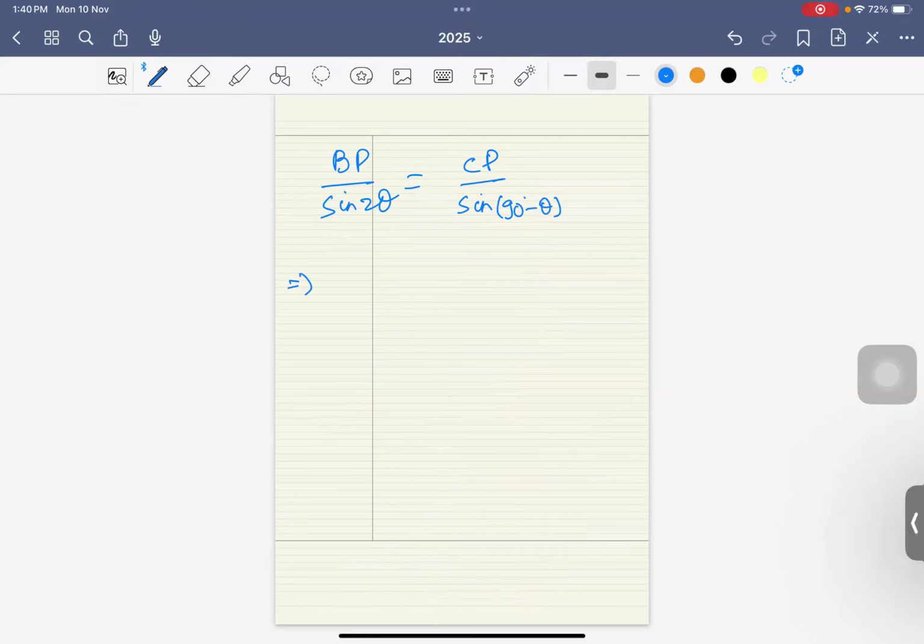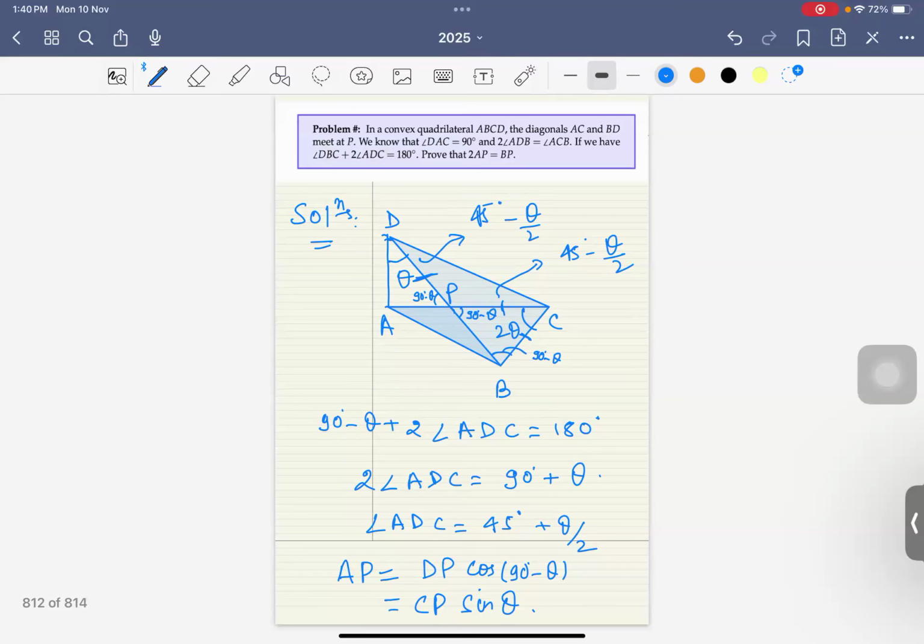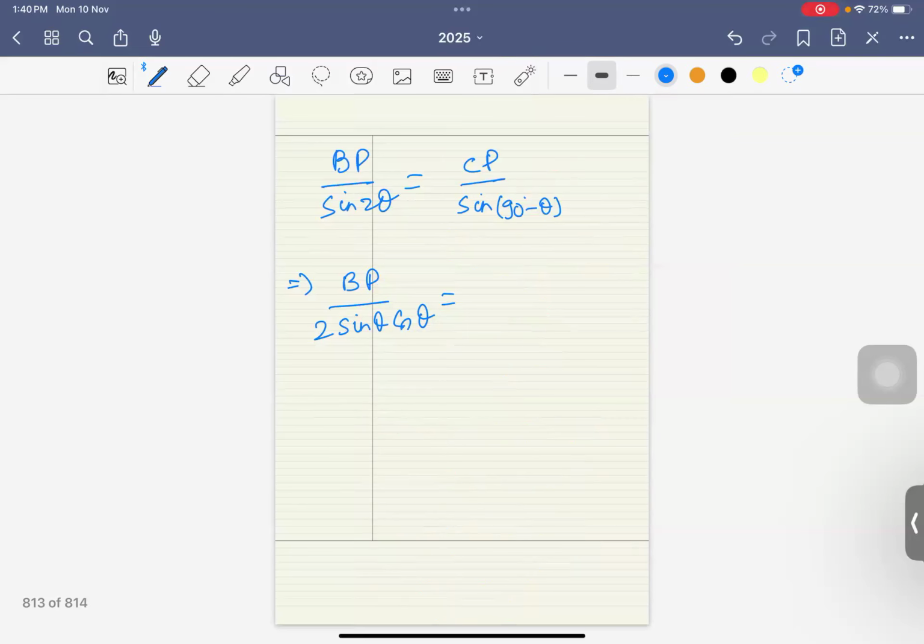Now this would mean that BP upon 2 sine theta cos theta equals CP over cos theta. CP is nothing but AP upon sine theta. And that tells you that BP is equal to AP, and we are done.